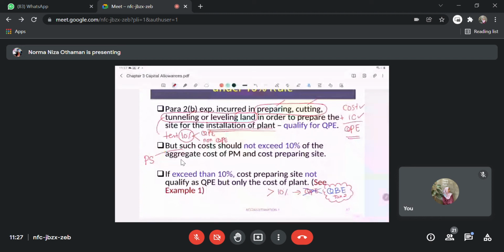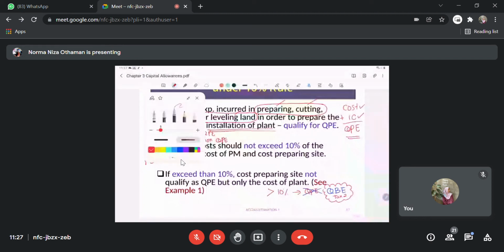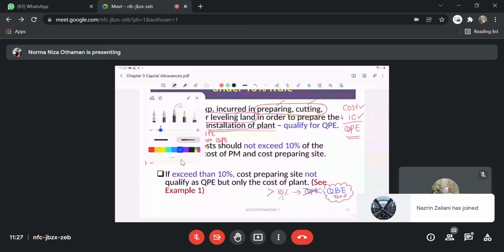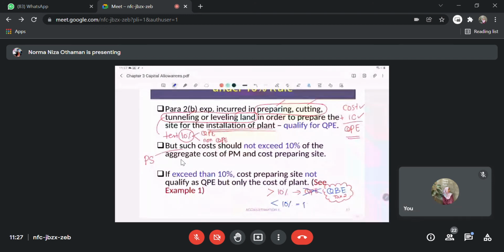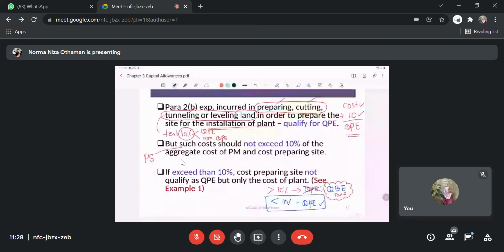So macam mana dia nak qualify as QPE tadi? Dia mesti less than 10%. So less than 10% baru dia qualify sebagai QPE. So this is the rules.